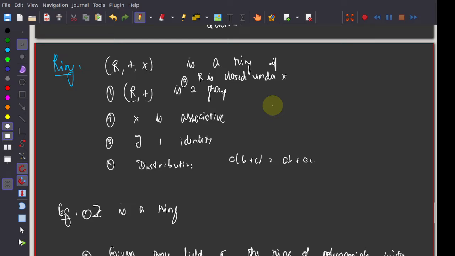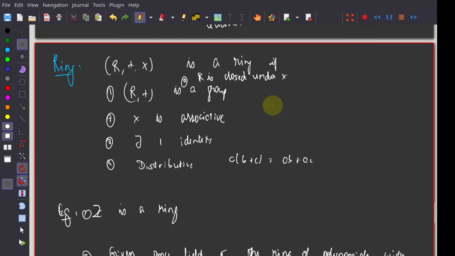Is it possible to look at a subset of the set of all integers? Does that form a group? Yeah, set of all even integers.